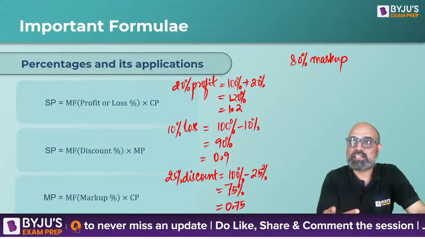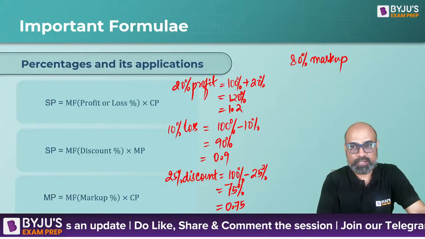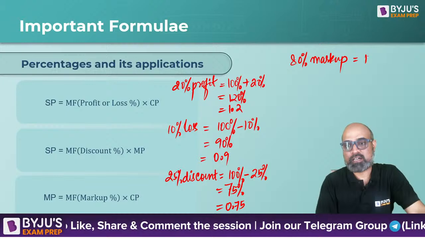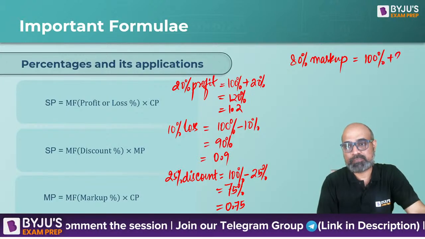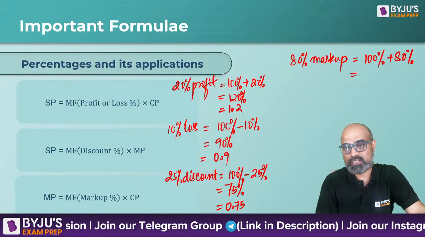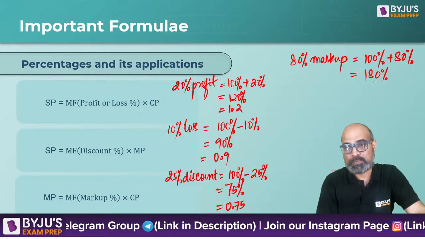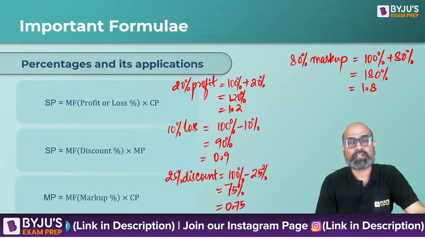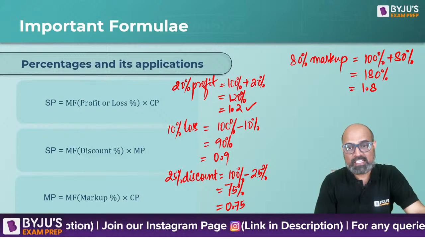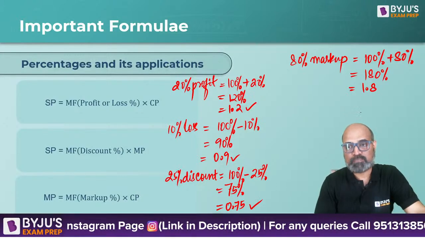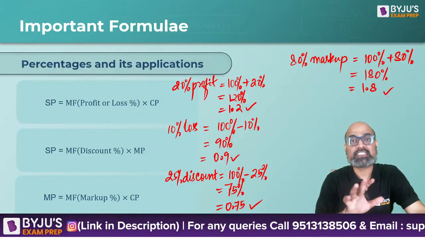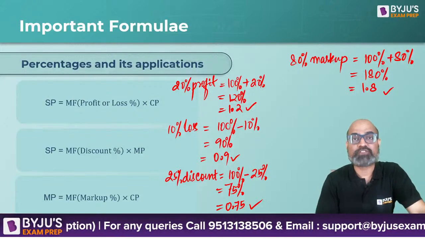It's like something that is going to give me more money, right? So this 80% markup results in 100% plus 80%, which will be equal to 180%, which becomes 1.8. So these final values, 1.2, 0.9, 0.75, 1.8, these are known as multiplying factors.